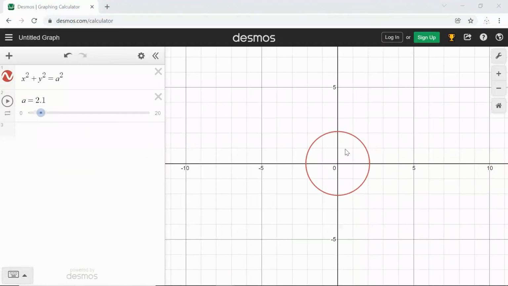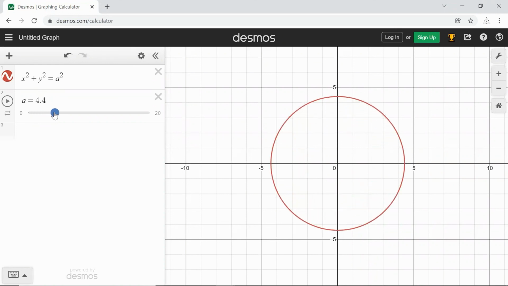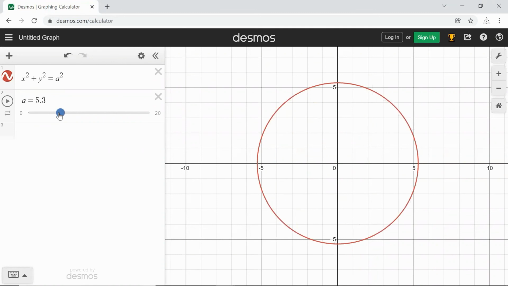So if I start with a circle of radius 2, let's say, and I want to increase the area by 16 square inches, I might have to really increase the radius by a lot.